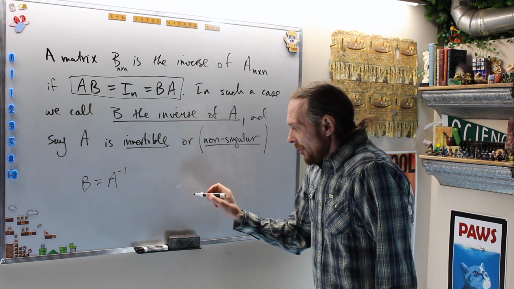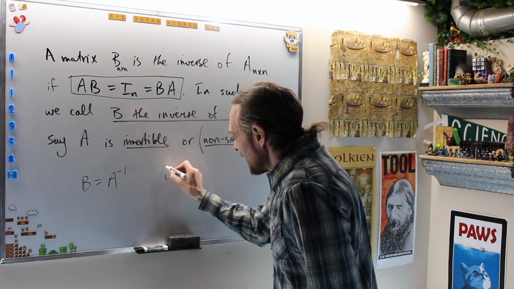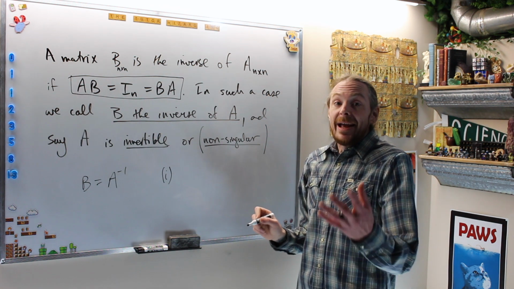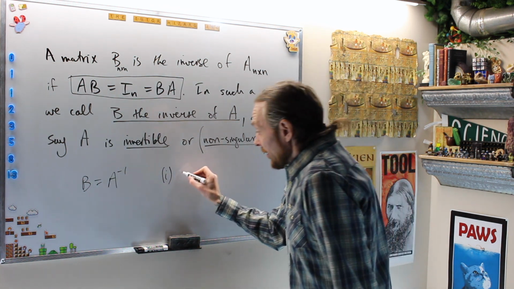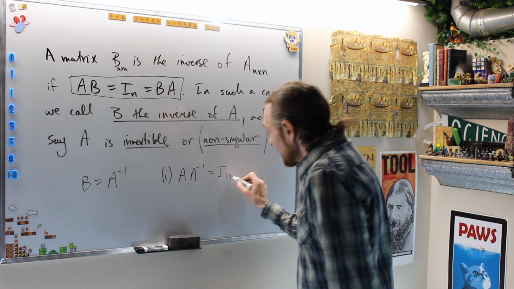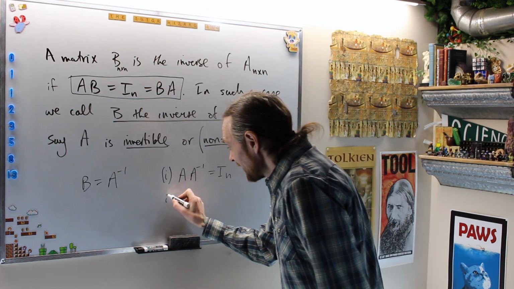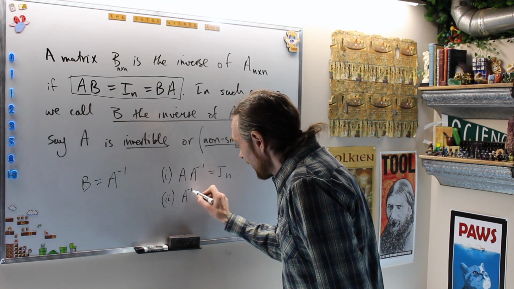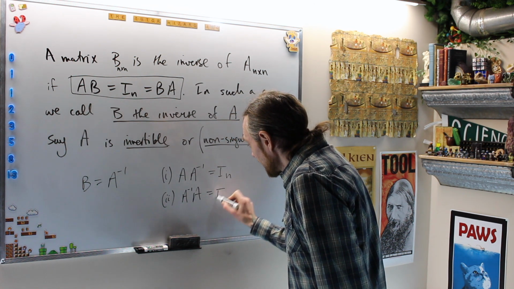The first thing you want to keep track of is if A is invertible, then A times A inverse is equal to the identity matrix, and A inverse times A equals the identity matrix.